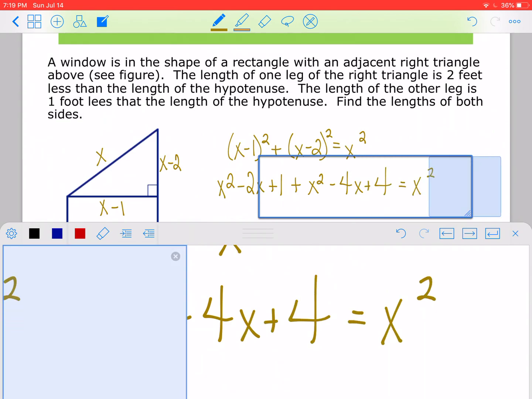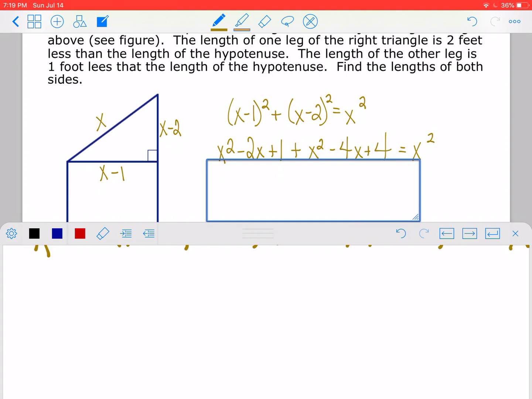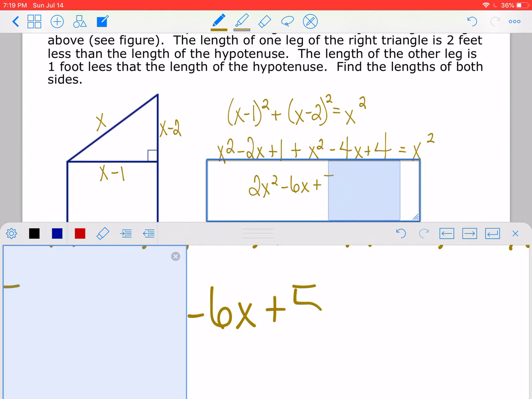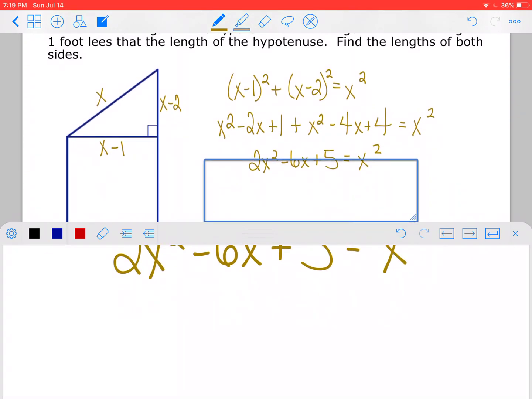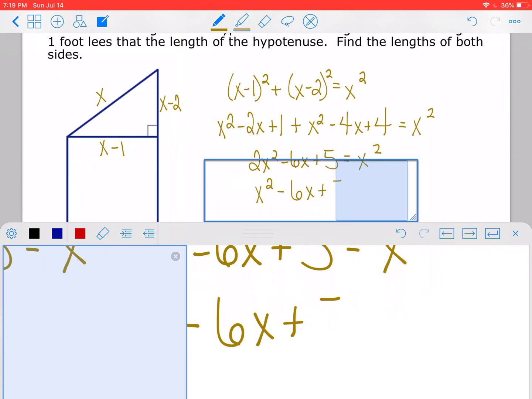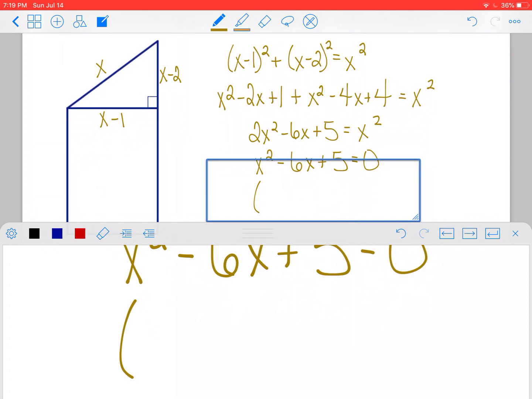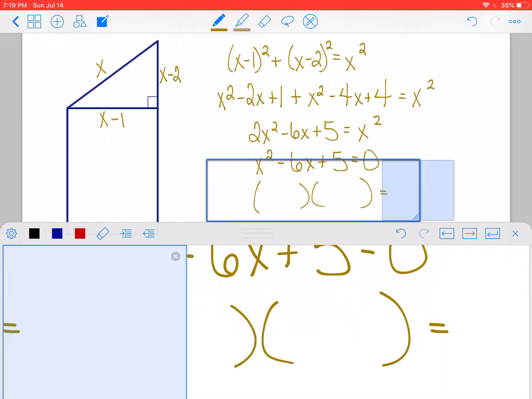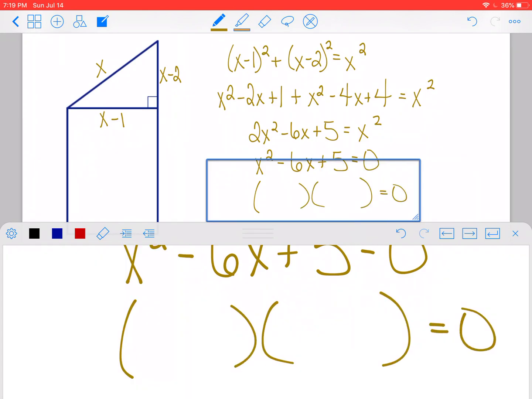All equals x squared. Combine like terms here. And we've got a quadratic, so we need to get it equal to 0. So subtract x squared from both sides, and we have this, which is factorable. It factors to be x minus 5 times x minus 1.